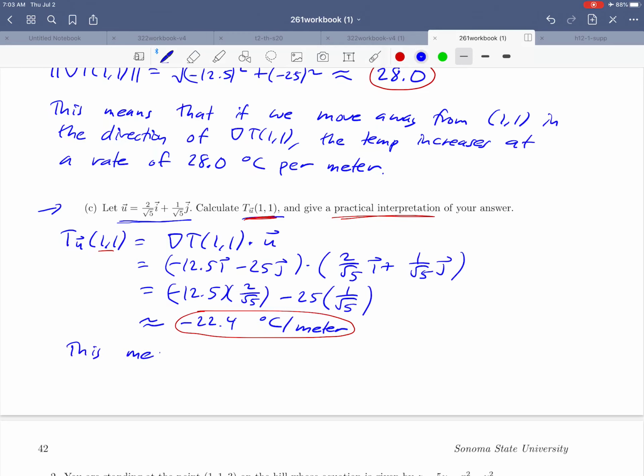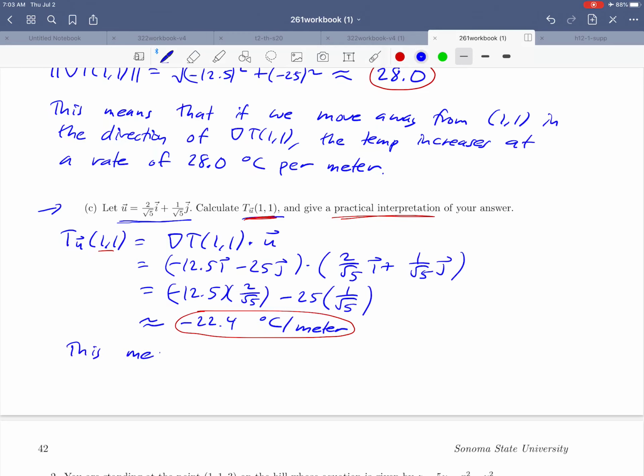And if you want to get a little graphical insight into this problem, we could go back up to the level curves diagram and sketch in this vector u. We're starting from the point (1, 1), that's here.